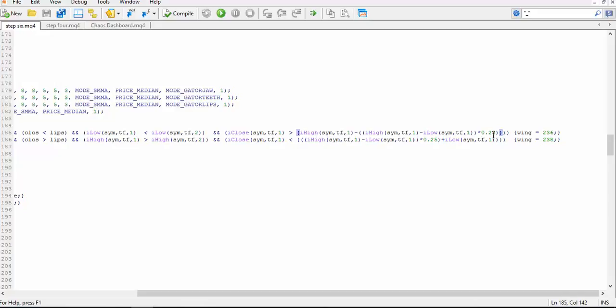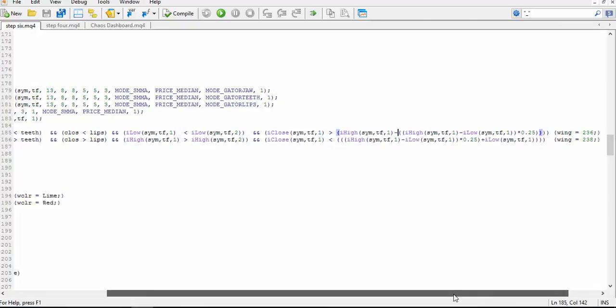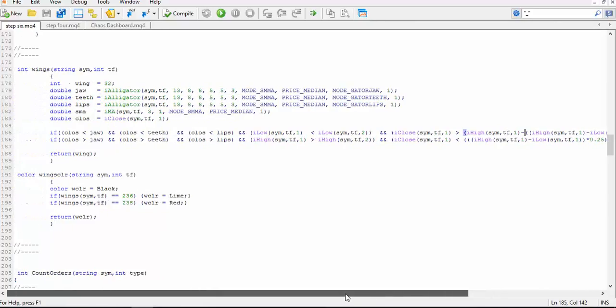If all those conditions are true, then the wingding is 236. You should have Googled wingdings. You know what that is. That's the angled arrow. And it says return wing. Now, if the opposite of that is true, it would be a bearish divergent bar. I'm not going to go through the whole thing, but it's pretty much there.